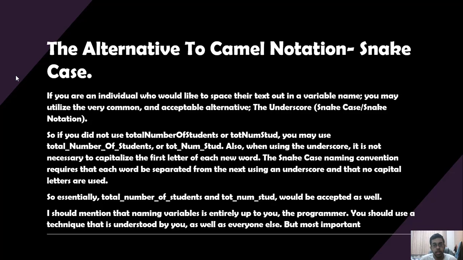Also, when using the underscore, it is not necessary to capitalize the first letter of each new word. The snake case naming convention requires that each word be separated from the next using an underscore and that no capital letters are used. So essentially, total_number_of_students and tot_num_stud would be accepted as well.